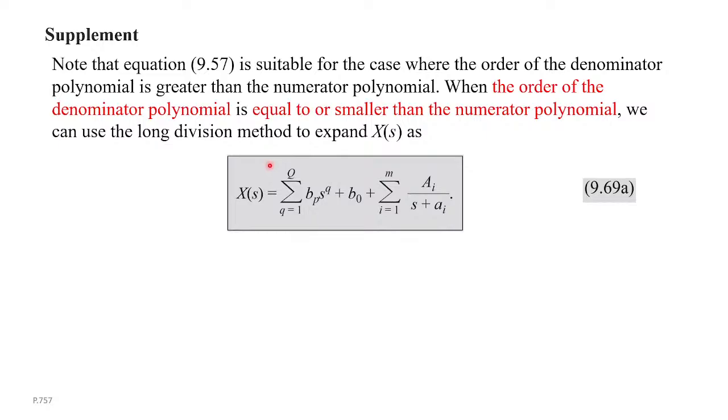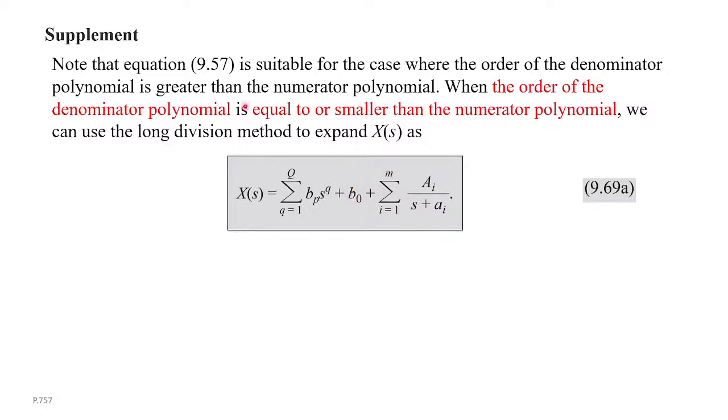So the thing is, when you do a rational function and partial fraction expansion, sometimes the numerator has a higher degree than the denominator, and when you do the division, you get some polynomial left over, the summation of B_q s to the q, where B_0 is the constant term.